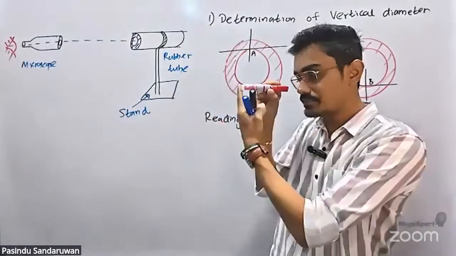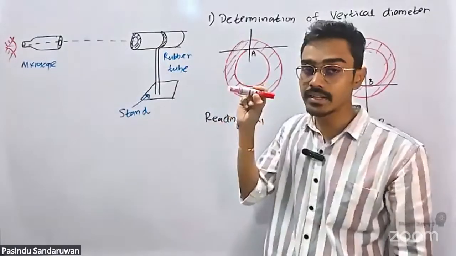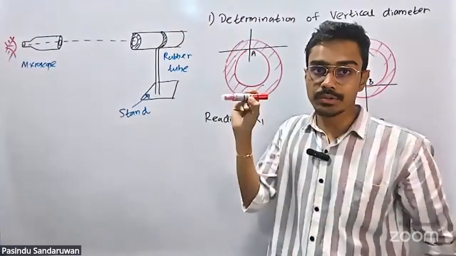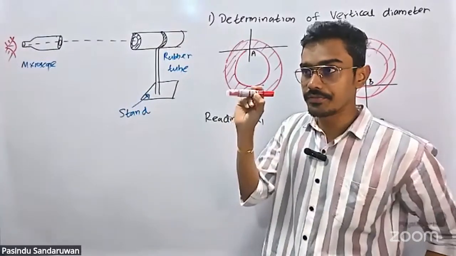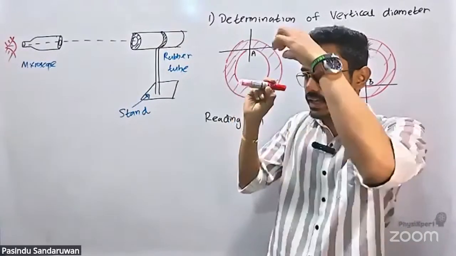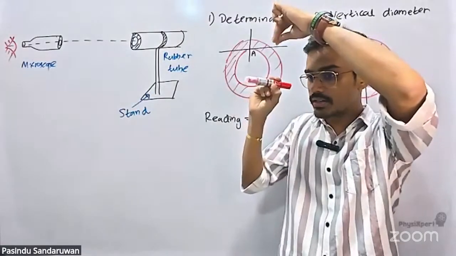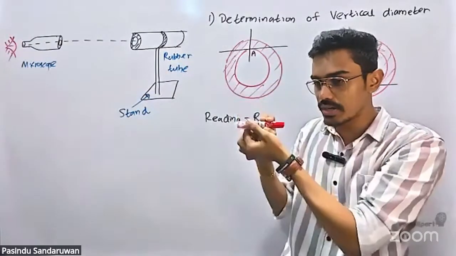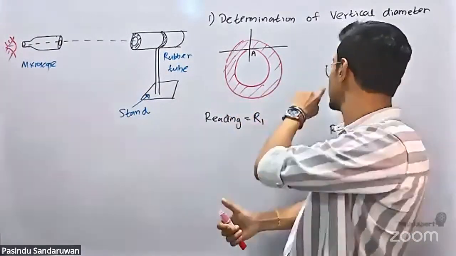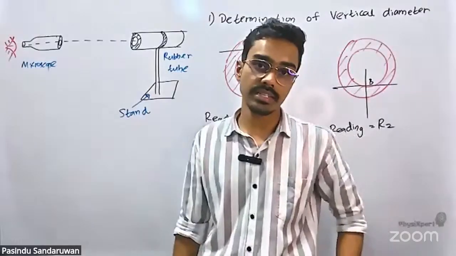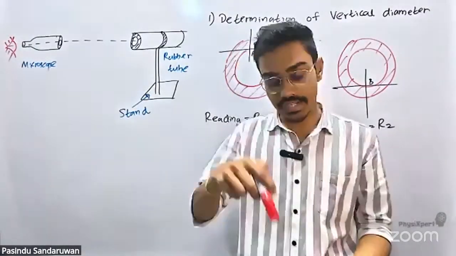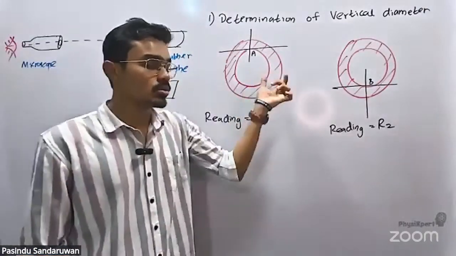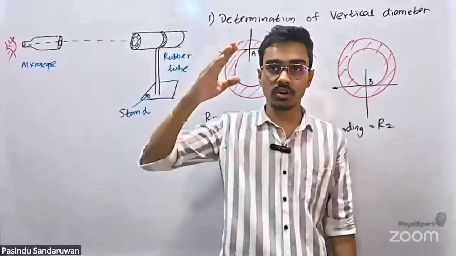The traveling microscope is kept in line with the rubber tube. Once we have taken it to position A, if you need to take it to position B, by rotating the fine movement you take it down slowly until the crosswires reach this point. Likewise, that reading can be taken. Here I have moved the microscope vertically.